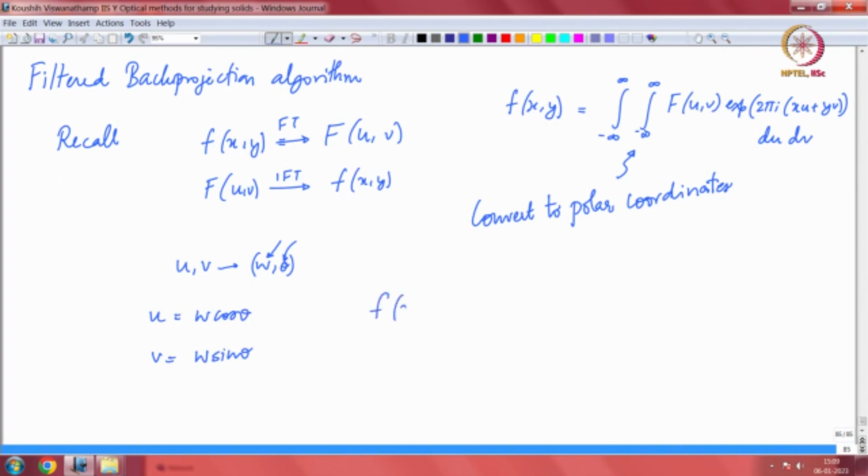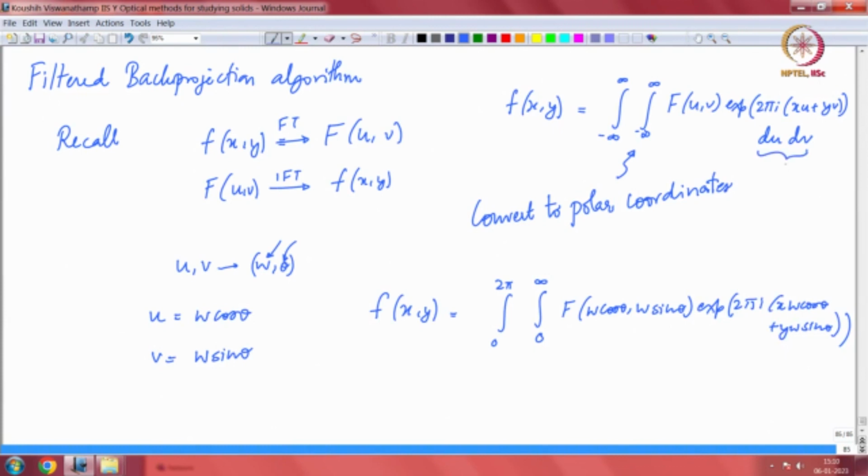So, f of x comma y will be the integral from 0 to 2 pi for the theta variable, integral 0 to infinity for the w variable, F of w cos theta comma w sin theta, exponential 2 pi i (x w cos theta plus y w sin theta), okay.